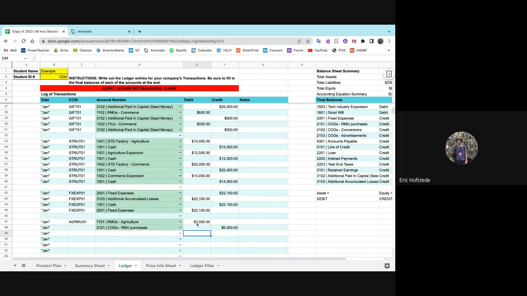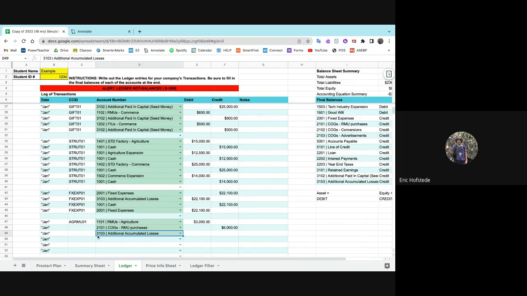We got our bill, and we're not going to pay for it quite yet. I guess you could, right? You could credit your $6,000 cash. But since the book value of what we gained is less than we paid, our company's actually taking a loss here. Another additional accumulated loss.